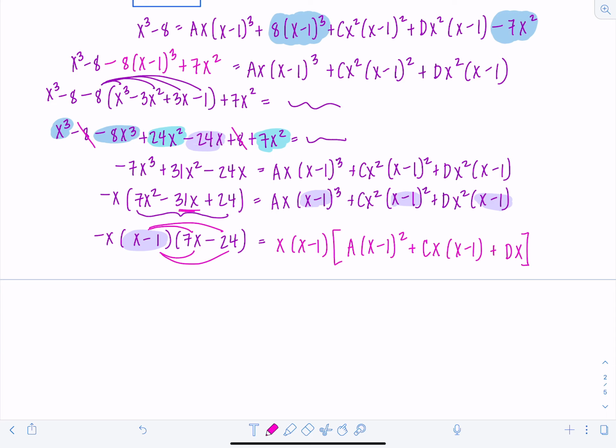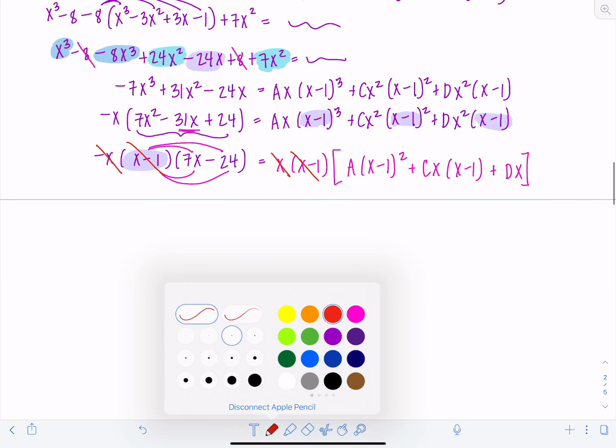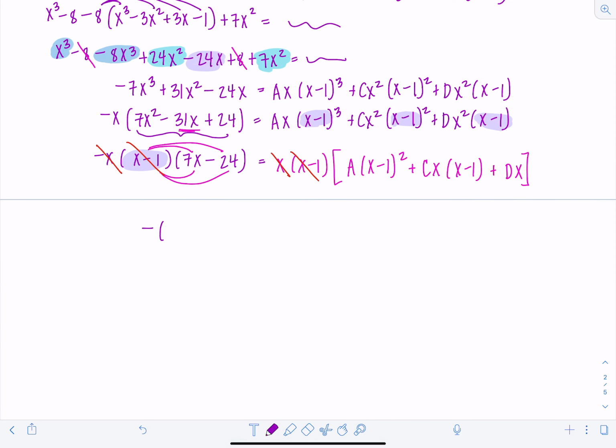Okay, looks good. So we can start canceling now. So this x cancels out, this x minus 1 cancels out, and then now remember you have negative 7x minus 24 equals a times x minus 1 squared plus cx times x minus 1 plus dx.